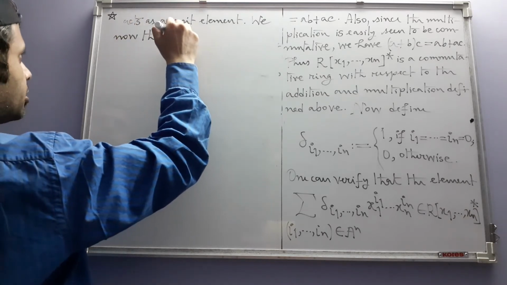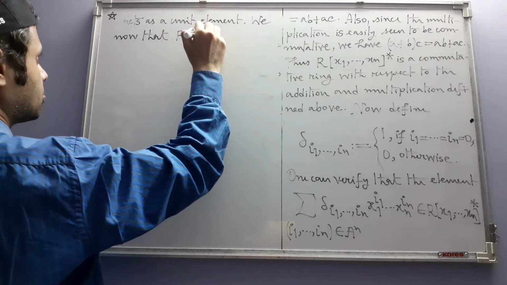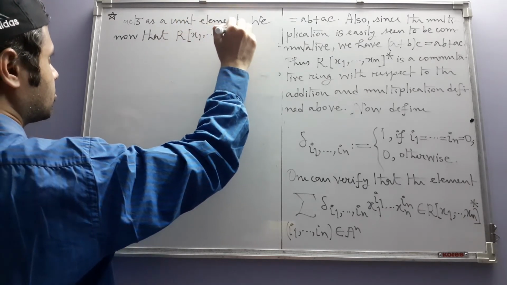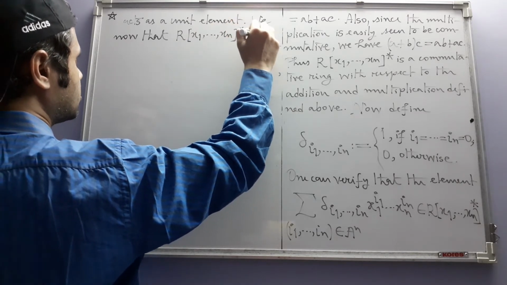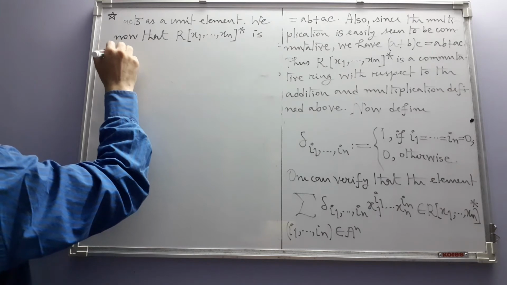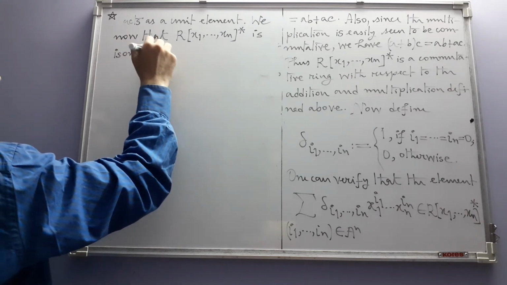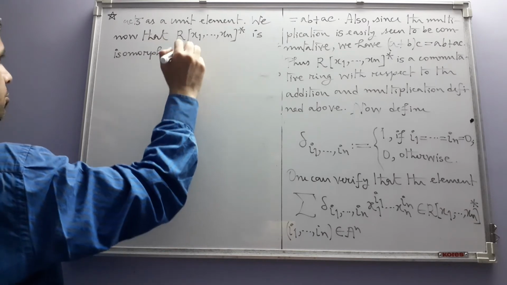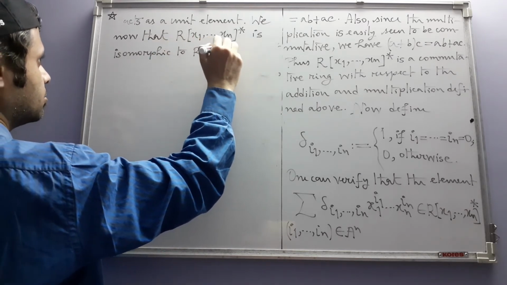We now show that this ring is isomorphic to the original polynomial ring.